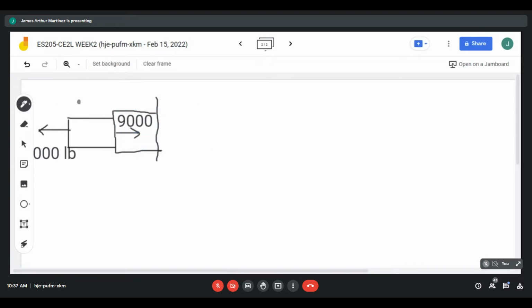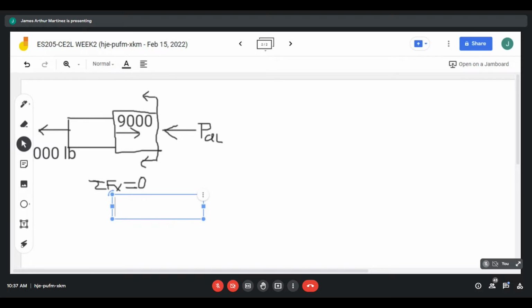Okay. So after cutting the plane, we can display the internal reaction. Assuming the internal reaction of aluminum is going to the left, that is PAL. The summation of forces on the x-axis is equal to 0. So PAL plus 4,000, both going to the left, is equal to 9,000, which is going to the right.